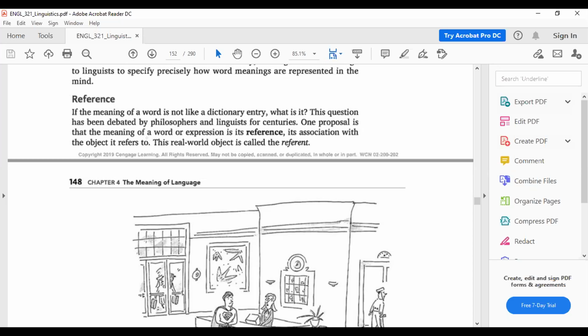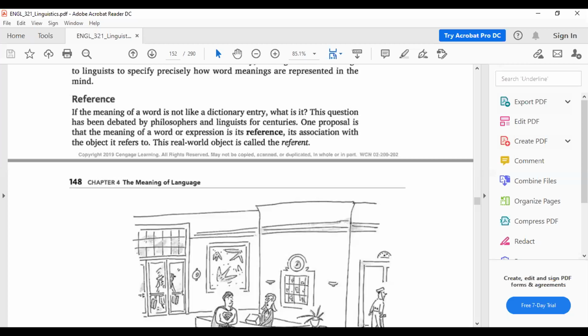So like when we say table, we know a table in reality. So what's the reference of the word table? The word table has the reference in the object it refers to. This real world object is called the referent.